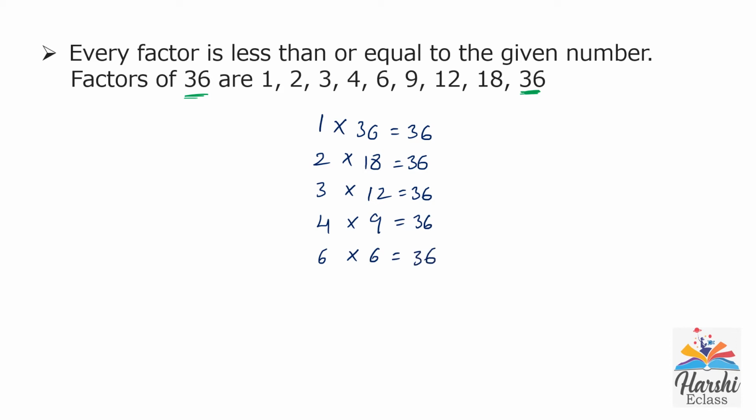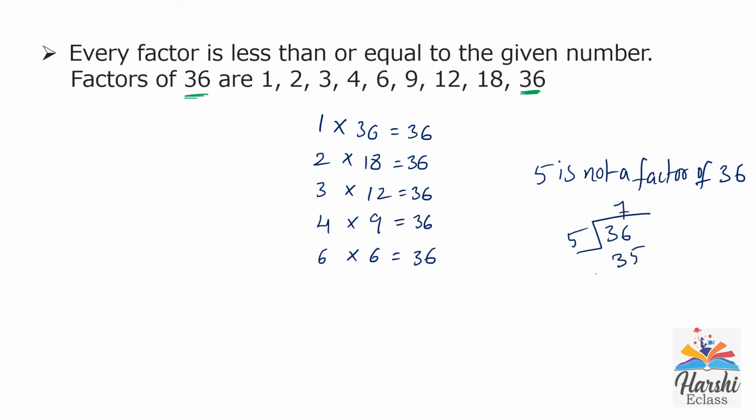Here I am not going to write 5, because 36 does not come in the table of 5. If you divide 36 by 5, you will get remainder 1. So 5 is not a factor of 36. In the table of 7, 35 will come, not 36, so it also leaves remainder 1.